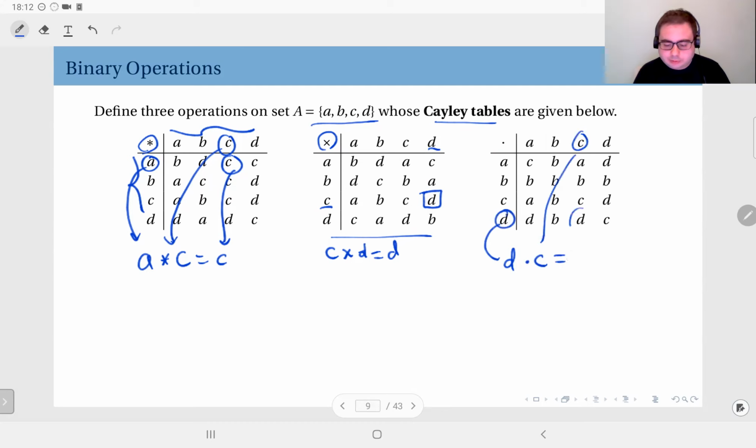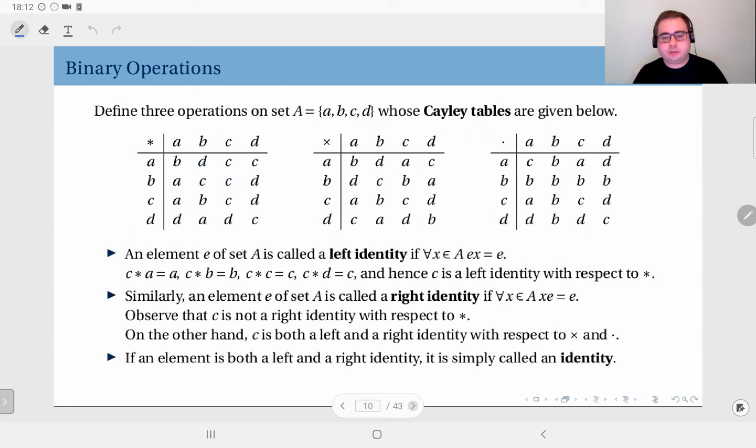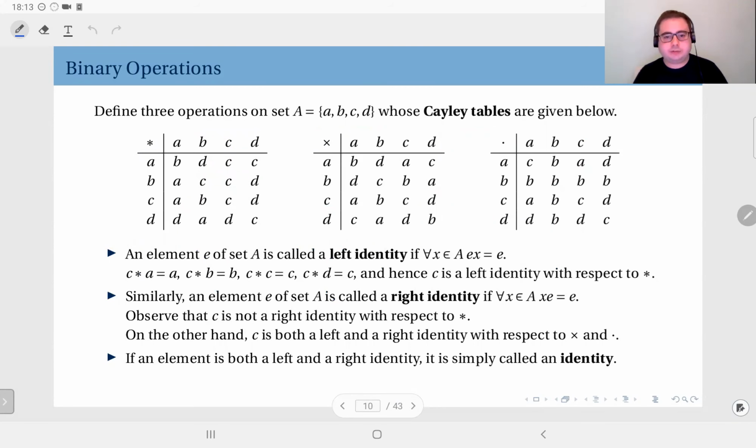You get the result as D. This is how you read Cayley tables. You get the first element from the rows, the second from the columns, and where they match, you obtain the result.